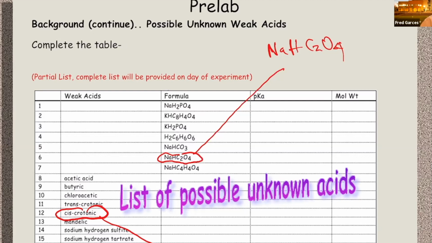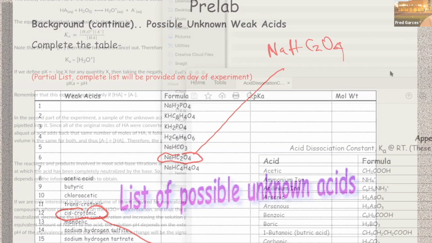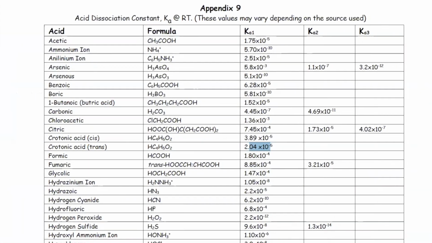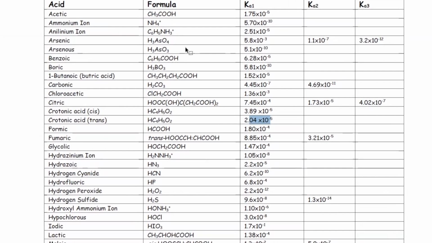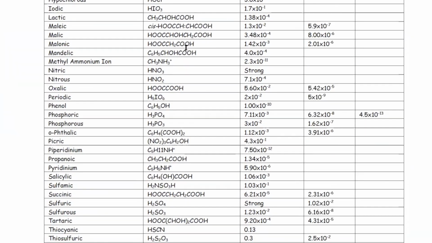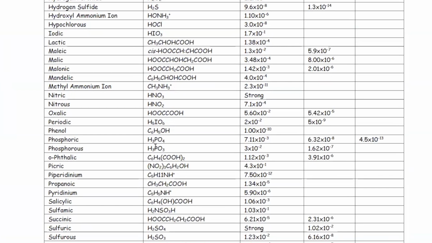And then you go to this table that I just mentioned, and you're looking for a chemical with NaHC2O4. And if you look through here, there is no acid with Na. There is none. Why? Because that's the salt. That's the ionic substance. What you will find is H2C2O4. That's oxalic acid right here.